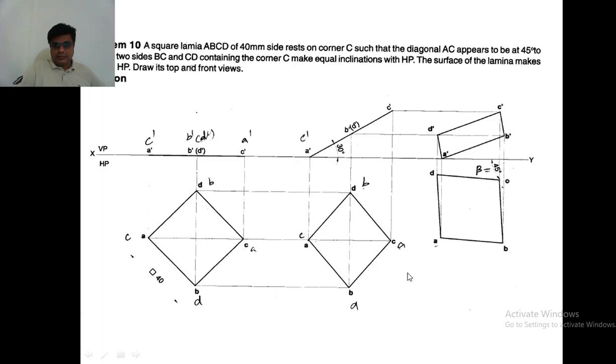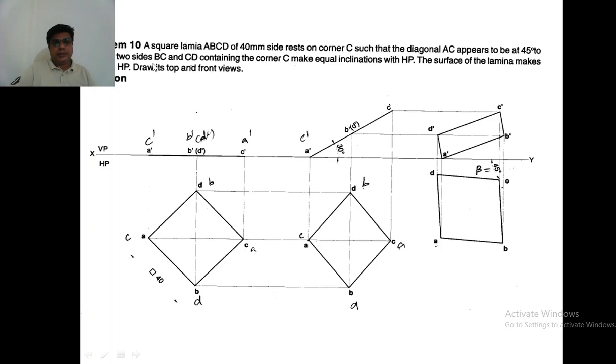You can draw it in this direction or in this direction, just like we solved in the previous problem. Then you keep this AC on this 45 degree line and redraw this square here.